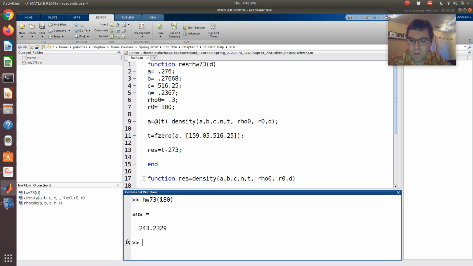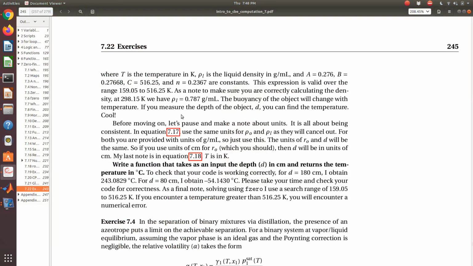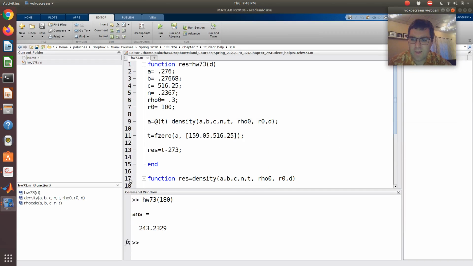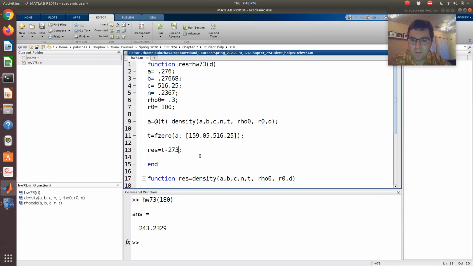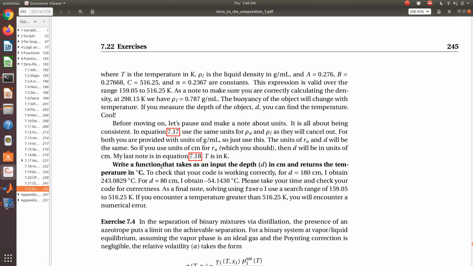For 180, I get 243.2329. Let's see if the issue is just that 0.15 Kelvin. I'm guessing that's it. If I make that 273.15, then I get 243.0829, which is an agreement here.